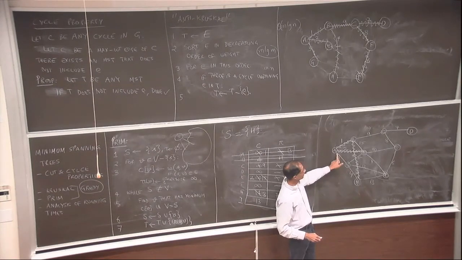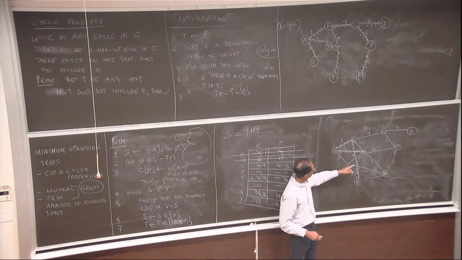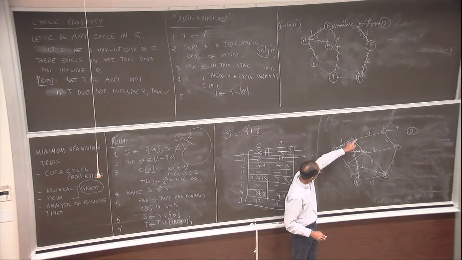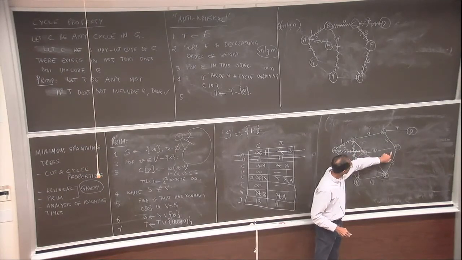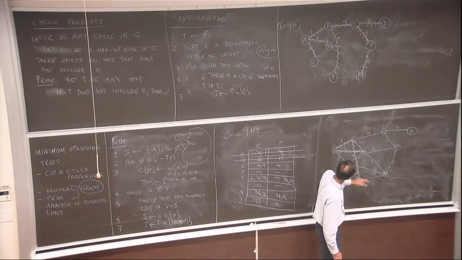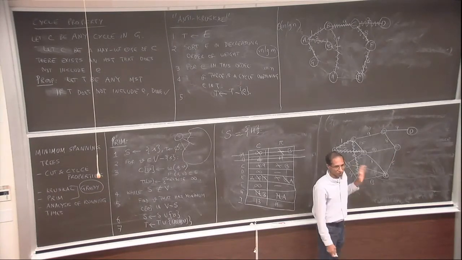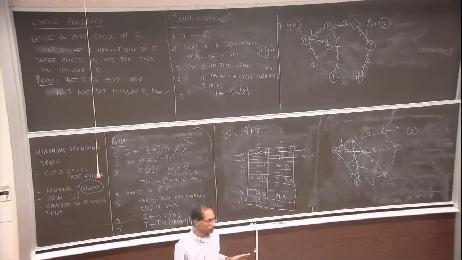Because G's previous thing was 3. So 5 is not less than 3. G will not get updated. B is already there, it doesn't need to get updated. Will F get updated? Yes. That F has an infinity, so that will get updated. And so on. Okay? So everybody gets the idea of how the algorithm is proceeding.